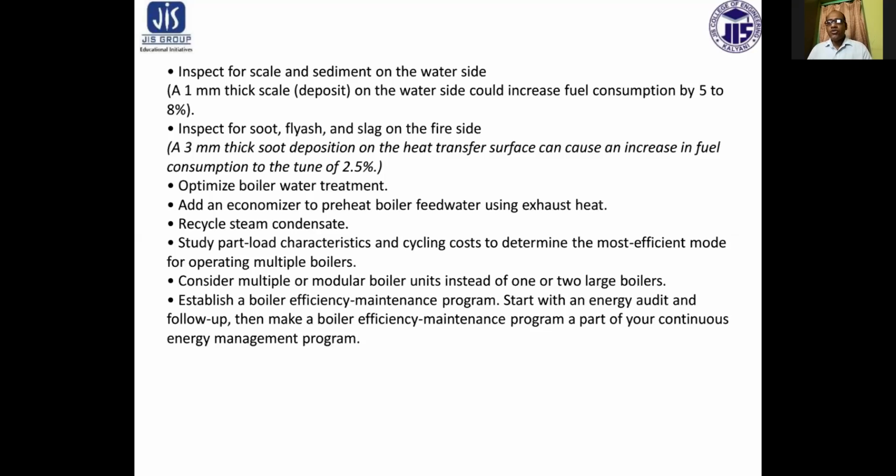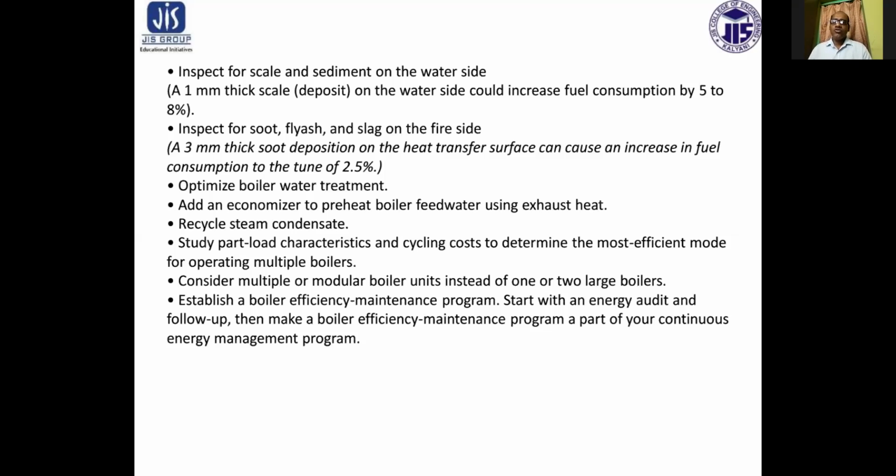Study part load characteristics and cycling cost to determine the most efficient mode for operating multiple boilers. These part load characteristics depend on the nature of the industry or household present and the weather pattern of the country.